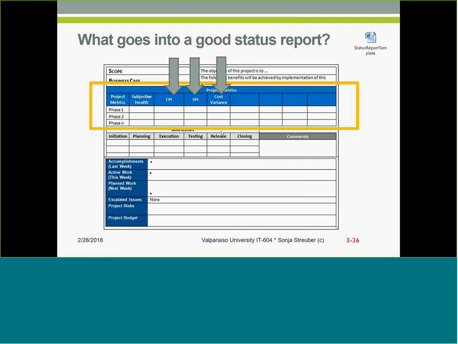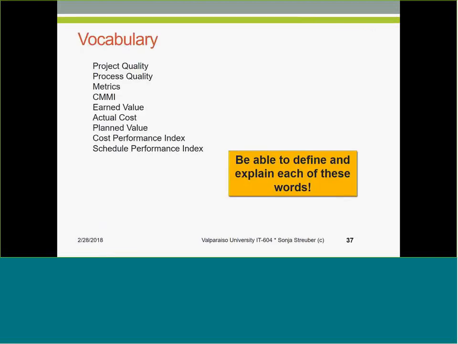However, I really want you to remember the following vocabulary: product quality, process quality, and metrics. Because remember, you can't manage what you don't measure, right? CMMI, because it is the most frequently used project quality and process quality framework.